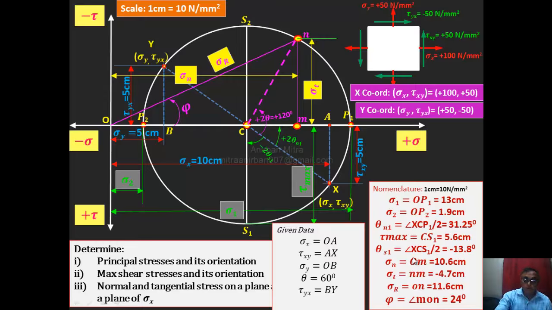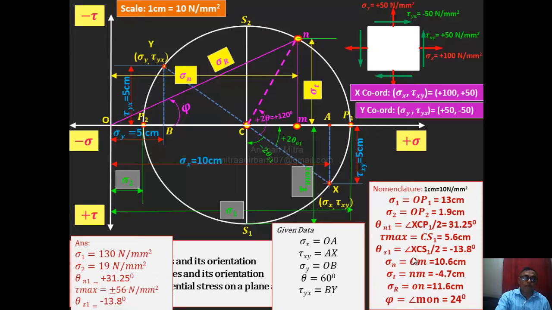Now I give you all the stress values after multiplying with the scale factor of 10 Newton per mm square. So sigma 1 is coming 130, and sigma 2 is coming 119 Newton per mm square. Theta n1 is positive as it is anti-clockwise, so it will be 31.25 degrees. Then the tau max is again 56. Now remember, in the analytical formula tau max also comes as plus minus. Why plus minus?